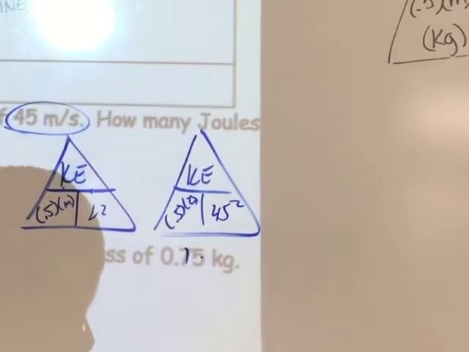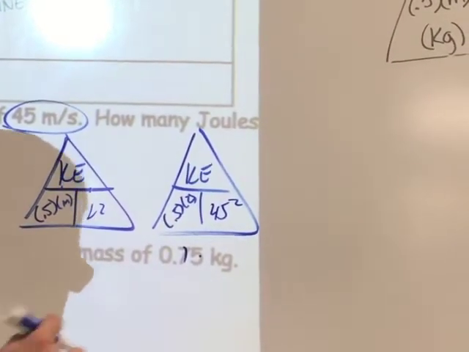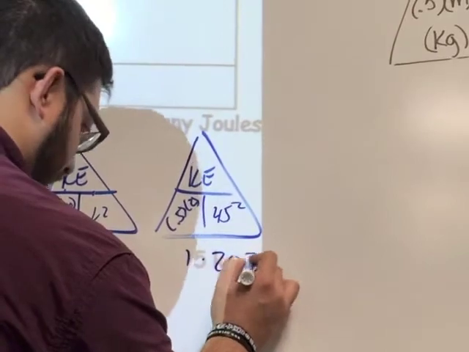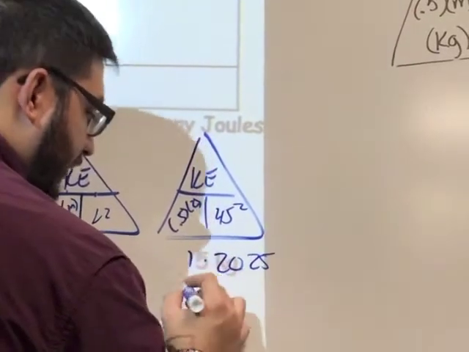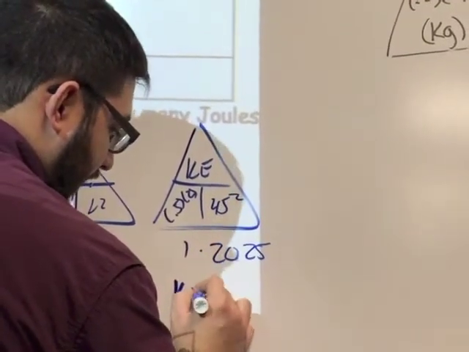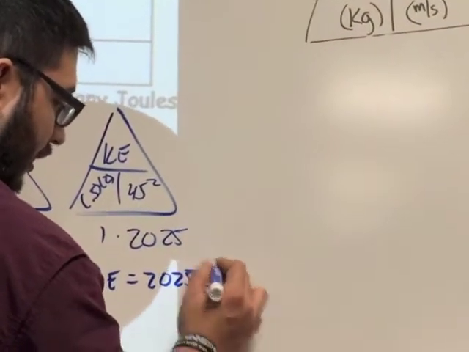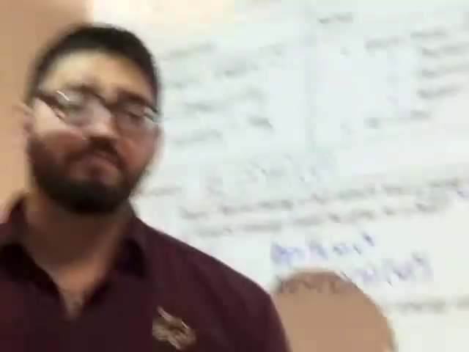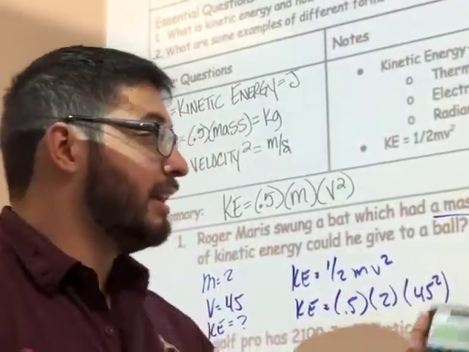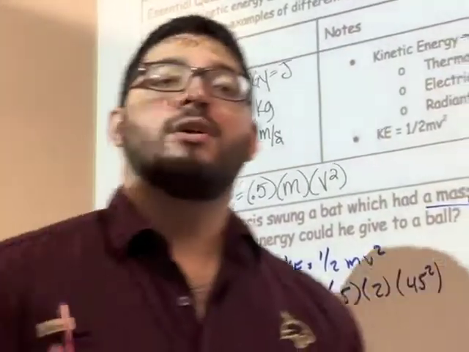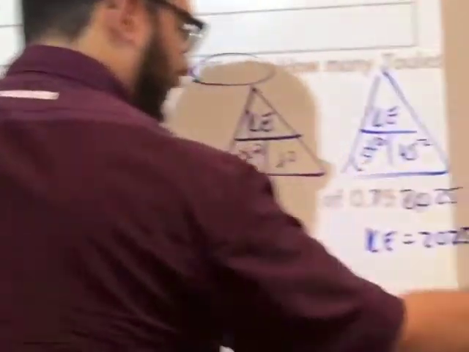If I square 45, I get 2025. 1 times 2025 is the same. KE equals 2025 joules. Very easy. Both ways work the same, so work whichever way works best for you.